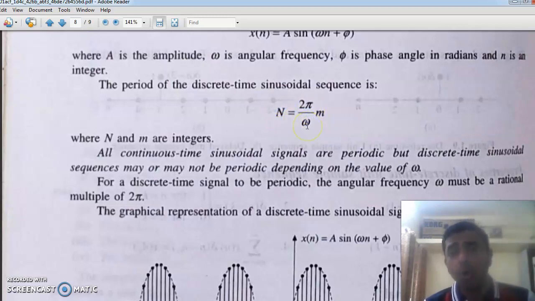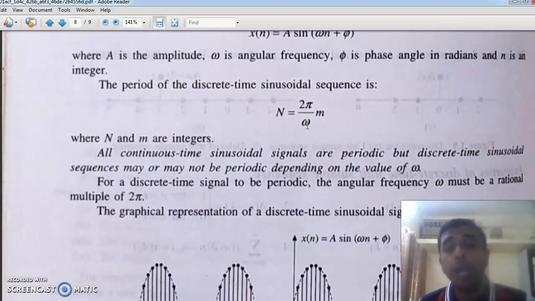An analog sine wave, you can easily say, is a periodic signal. Can you say the same thing for a discrete time sinusoidal sequence? You cannot say it is completely periodic. Every discrete time sinusoidal sequence may not be a periodic sequence.